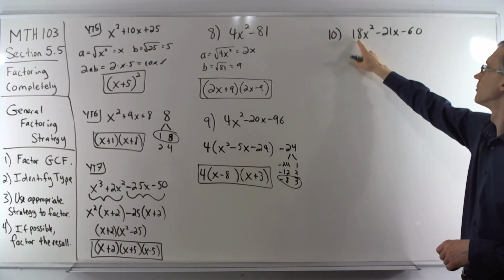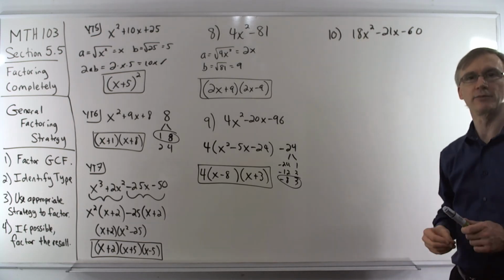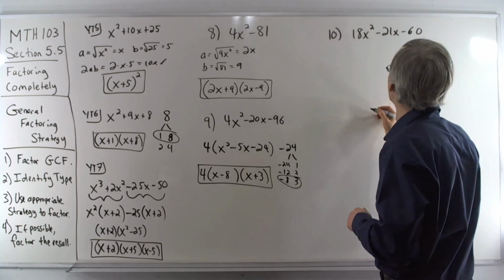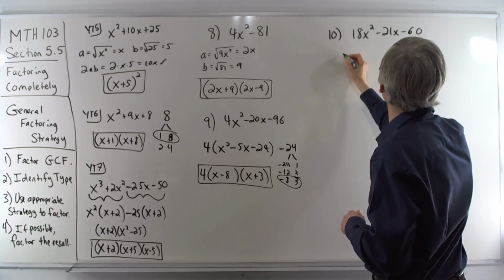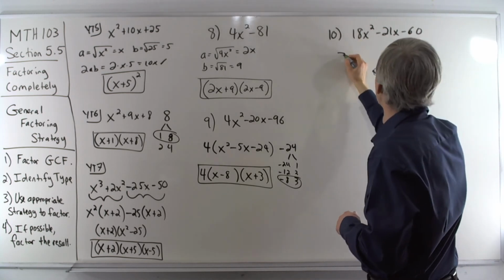If we try to multiply together 18 and 60, we're going to get a gigantic number to factor. So we don't want to do that. So instead, we're going to factor out a 3. 3 is a common factor of 18, 21, and 60.